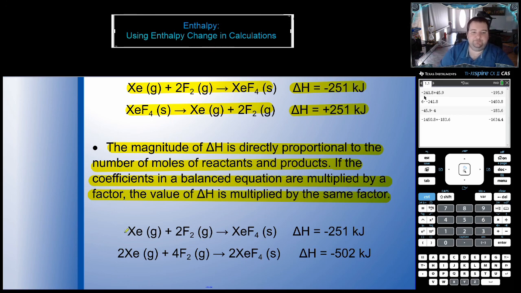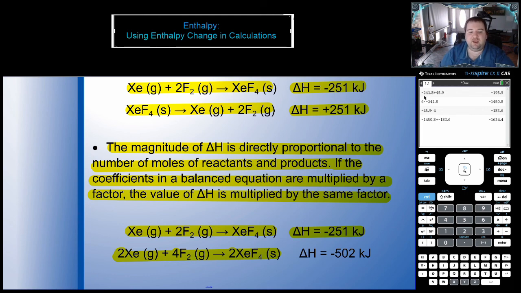An example, if we have this same equation with the delta H of negative 251 kilojoules per mole, and instead of 1 mole of xenon, you want to have 2. Well, that means we have to multiply everything by 2. So instead of 2 fluorines, we need 4. And instead of 1 xenon tetrafluoride, we need 2 of them. Okay? So now we multiplied everything by a common coefficient of 2.